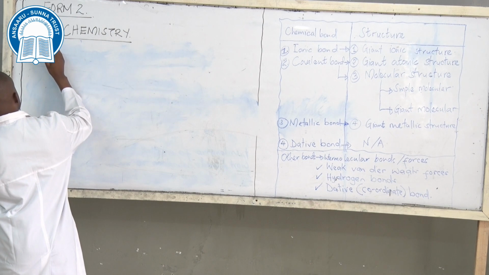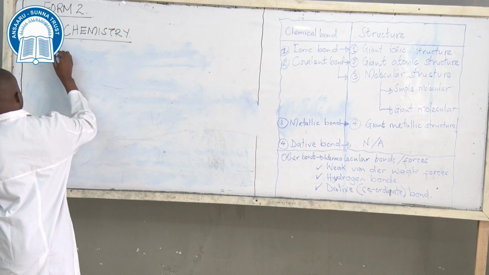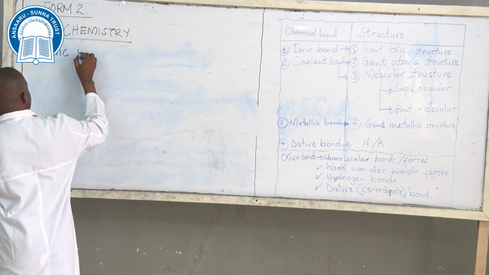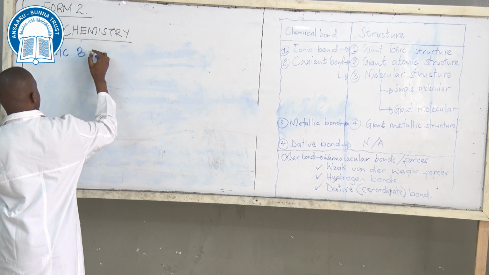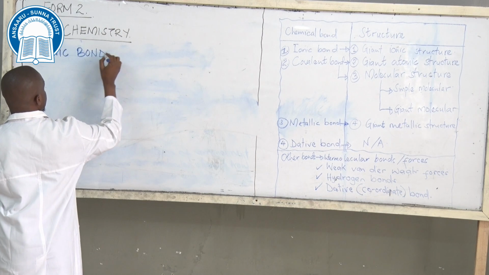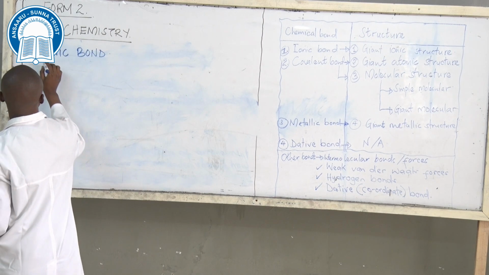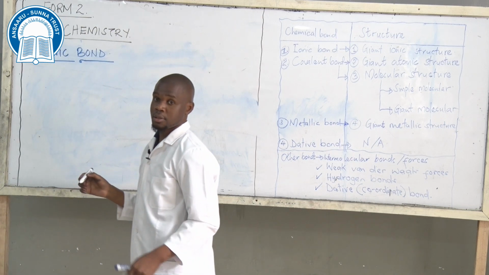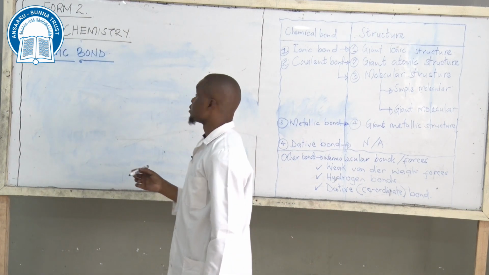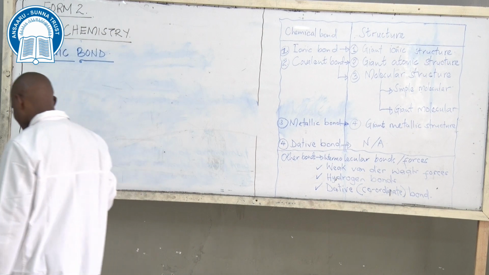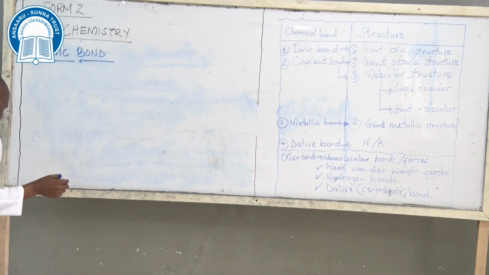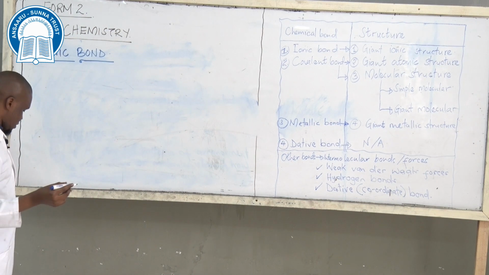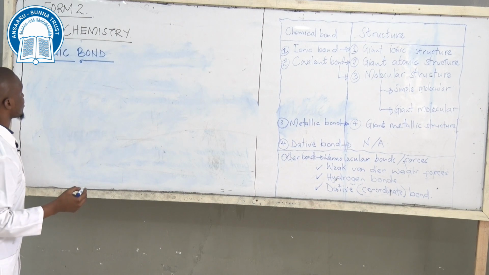So we're saying our first bond is ionic bond. So what is an ionic bond? Now, the word ionic suggests the kind of bond you're talking about here.